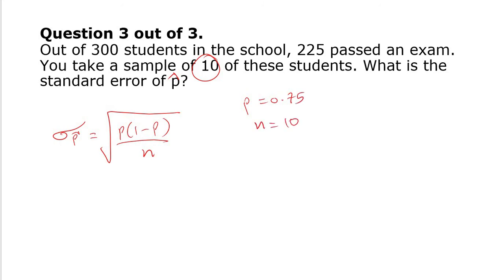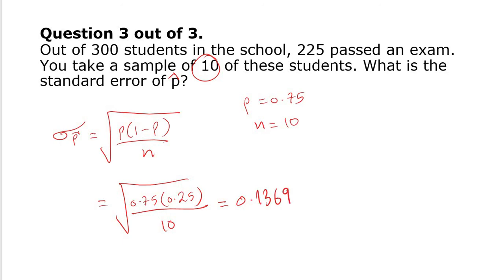So we do the math. 0.75 times 0.25 divided by 10. 1 minus 0.75 is 0.25. And then the answer is going to be 0.1369, rounded to 4 decimal places. So this is the standard deviation or the standard error of the distribution of sample proportion.